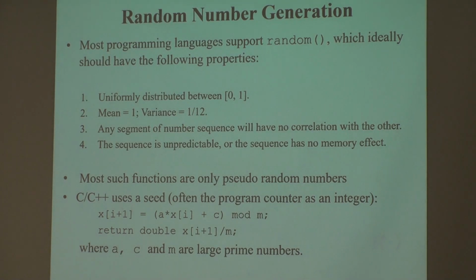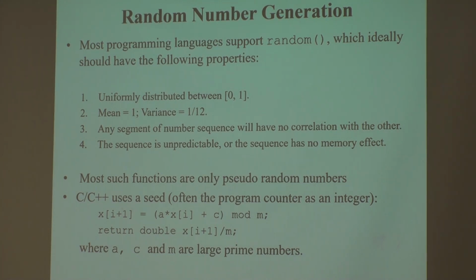Most such functions implemented in a language are only pseudo-random. They use an algorithm like this one. It uses a very large prime number times a seed, iterated several times, and then you get your next random number. The seed usually comes from a program counter, which is an integer that's not really predictable.